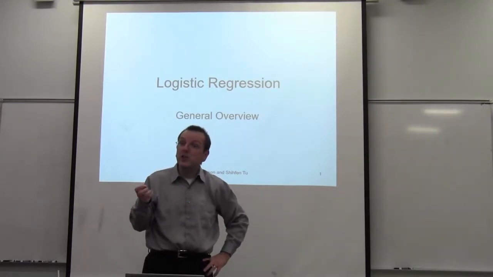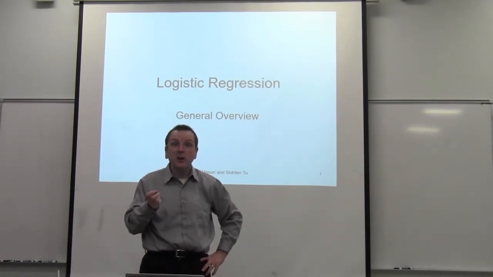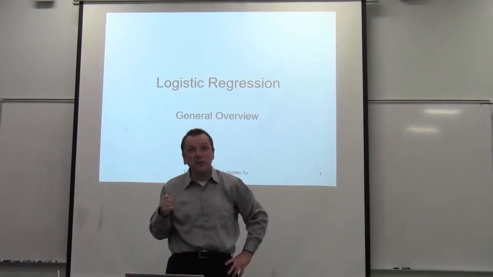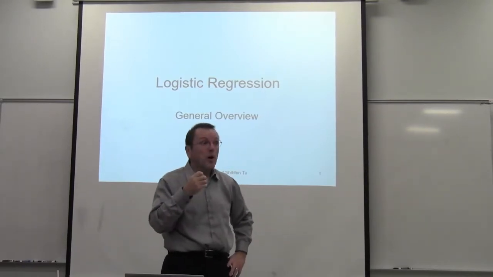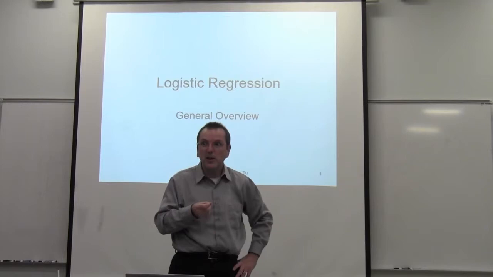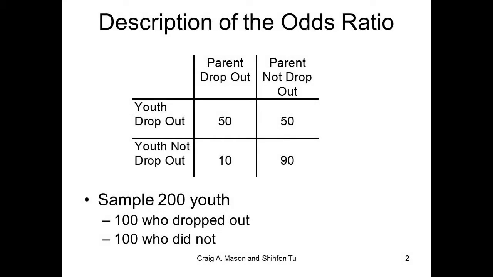Interesting things, particularly in education. Kids drop out of school. You don't kind of drop out. You're in, you're out. You graduate or you don't. You are enrolled in special education or you're not enrolled. And that's what logistic regression and related techniques get at.